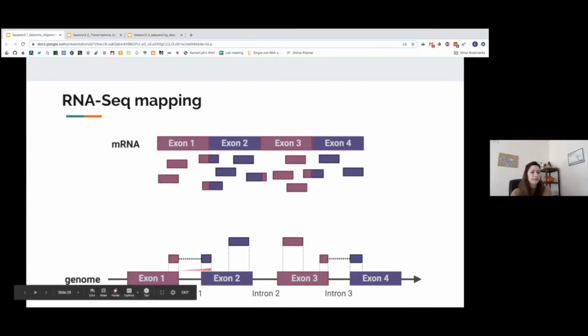And in the end, you're going to have a correct alignment for your reads that are entirely contained in exons, as well as the reads that span more than one exon in the genome. So this is what we call a splicing aware alignment.